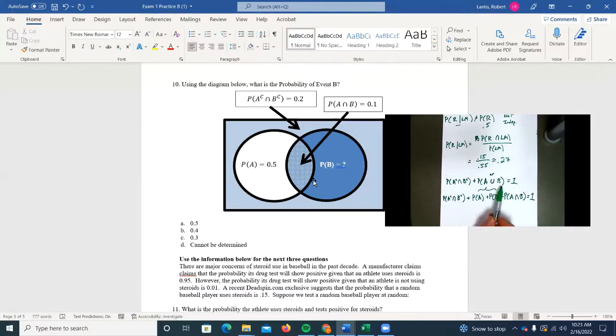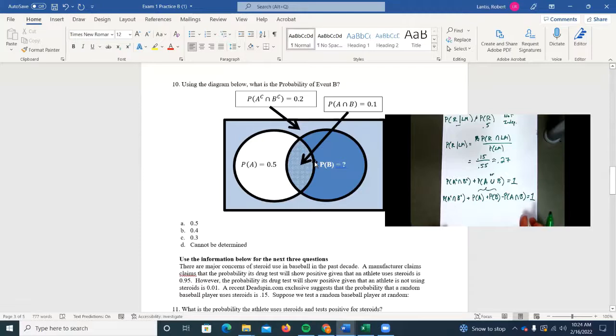All I'm using here is the knowledge that this entire experimental outcome space is 1. So I'm going to find two components that fill out the entire space: the light blue area, or the intersection of the complements, and then add to that the union of the two events. I then rewrote the union.